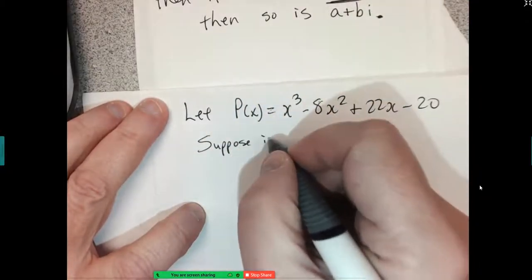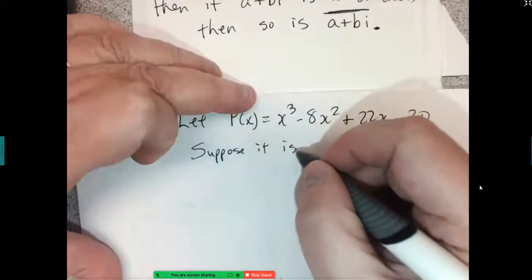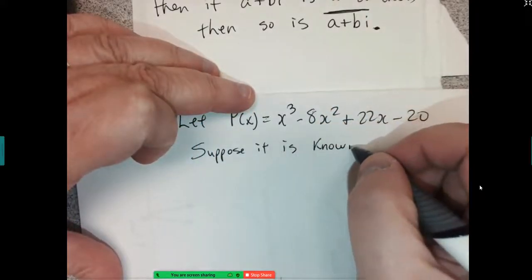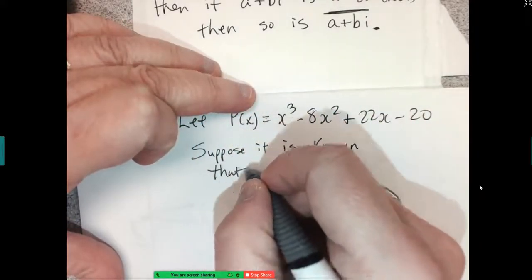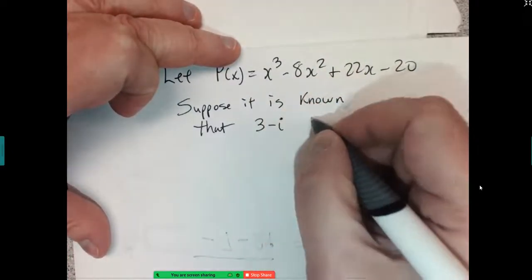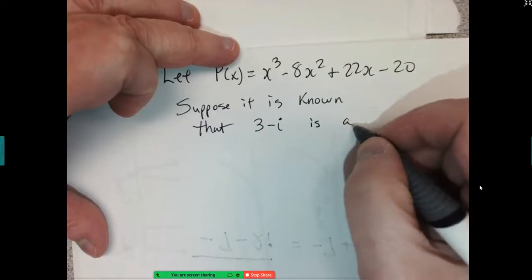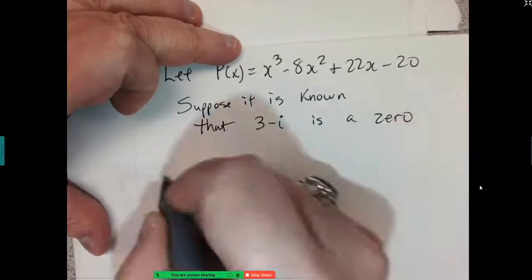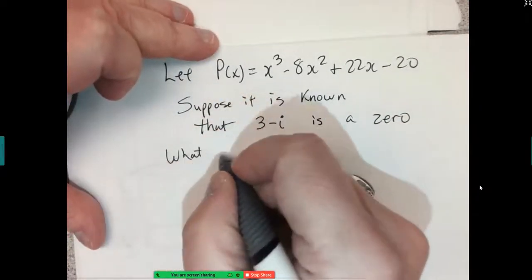Suppose it is known that 3 minus i is a zero or a root. What are the other zeros?